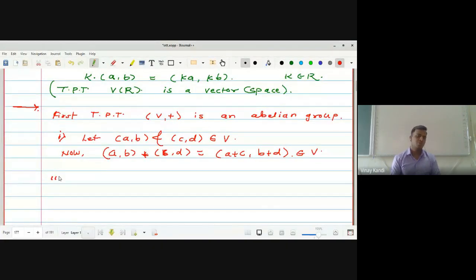What is the associative property? Take any three elements. Now instead of (A, B), we take (A1, B1), (A2, B2) and (A3, B3).